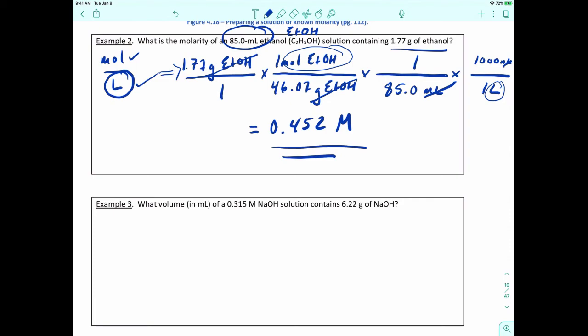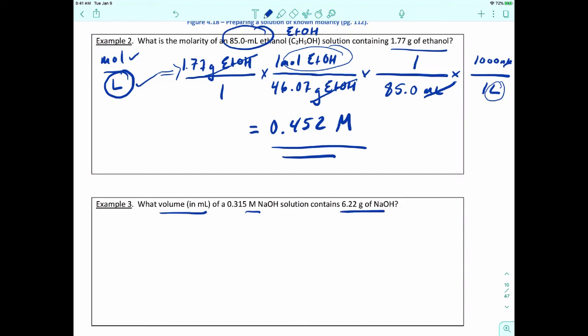So this one is a little bit different because we're looking for volume this time. We've got the molarity, so we're going to have to manipulate this a little bit in order to solve for volume. Think of it this way. This time around, we're using the molarity as a conversion factor.